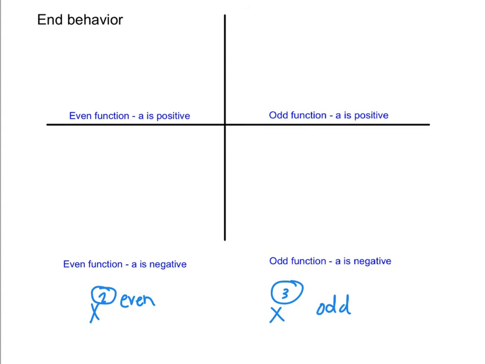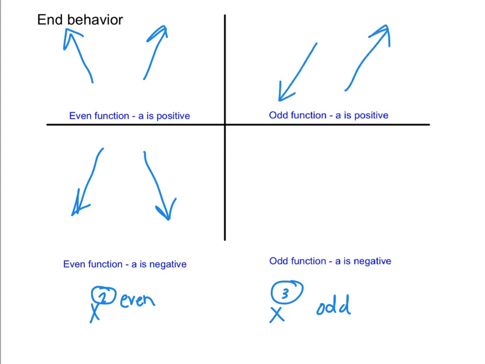All right, so for instance, if I had an even degree function where a is positive, the end behavior would be up, up on the ends. Even degree functions are always the same direction on the ends. Right? So if it was an even degree function and a is negative, then both ends would be pointing down. All right? An odd degree function like x to the third, x to the fifth, x to the seventh would be up to the right, down to the left.